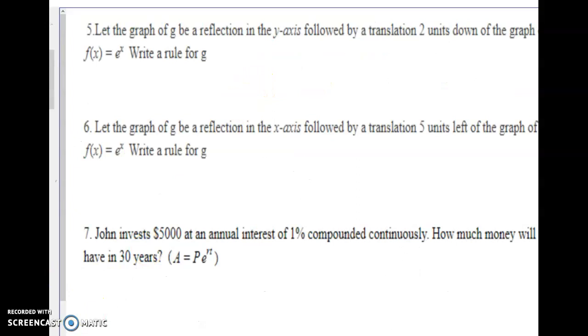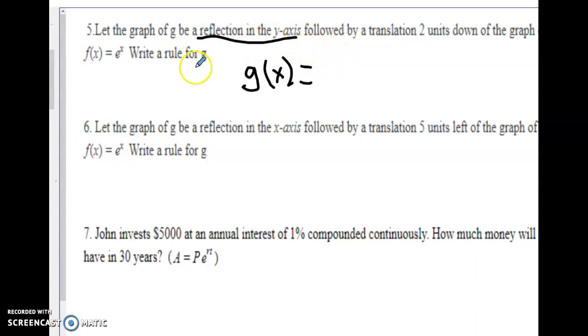All right, now some opportunity for you to write an equation of a graph that has been transformed. So we're going to write an equation for g of x, and we're going to take this function f of x, which is just the exponential function, and transform it according to this information. The first is a reflection in the y-axis.